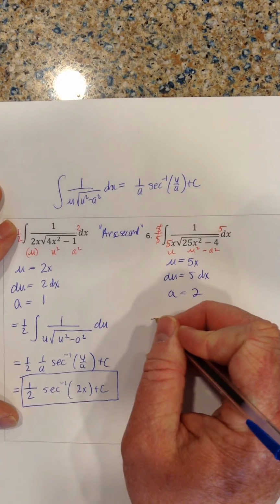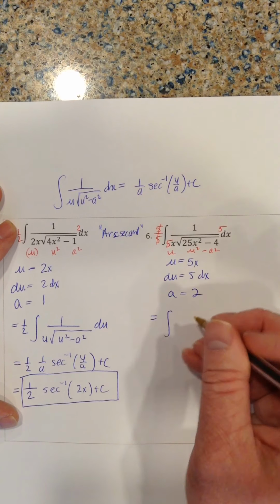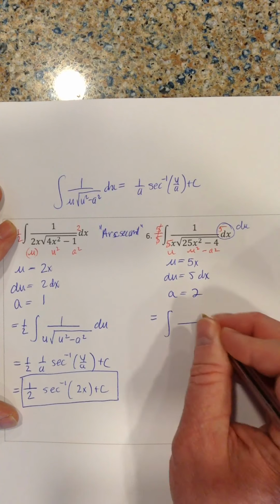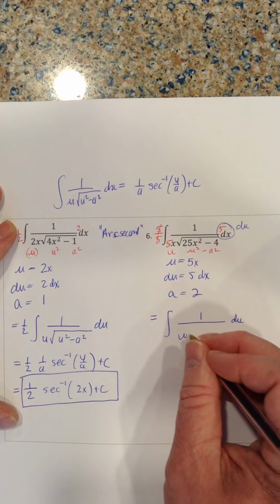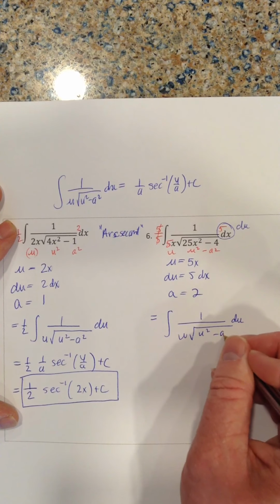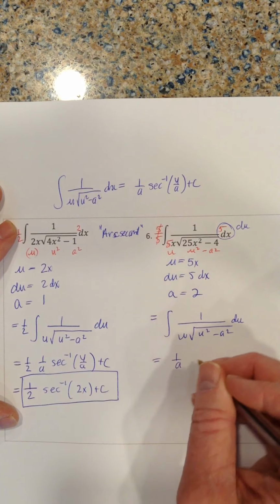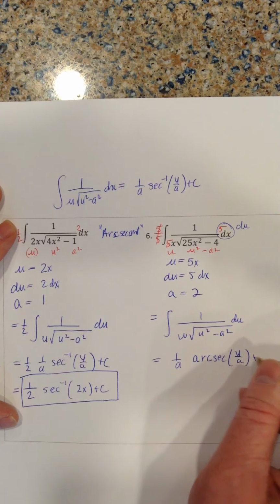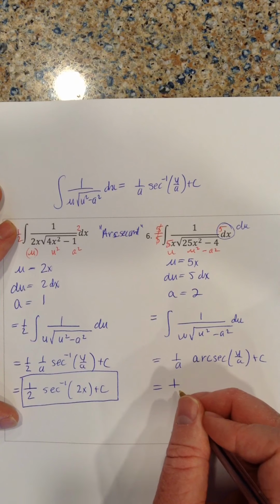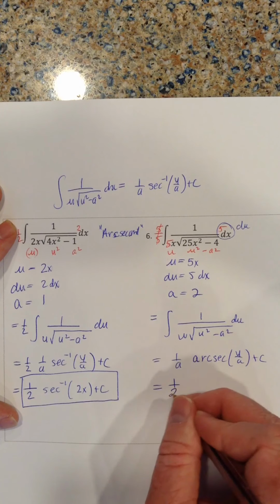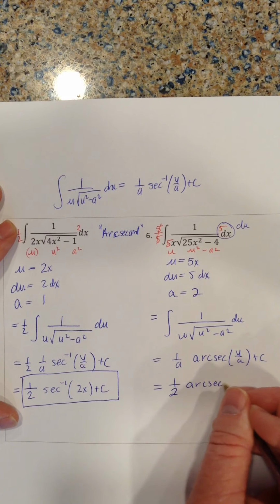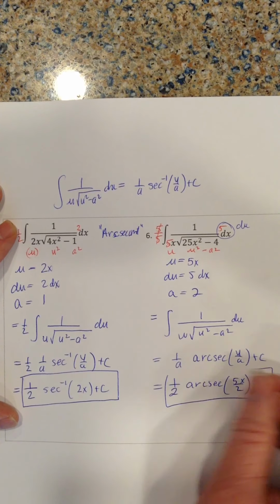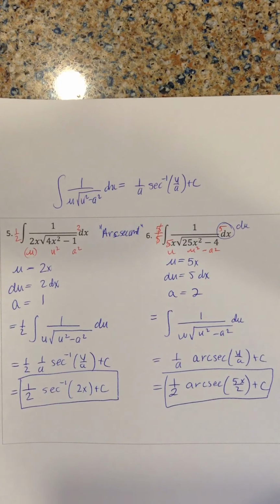So I get 1, that's du, and that's u square root of u squared minus a squared. So I get 1 over a arc secant of u over a plus c. I get 1 over 2 arc secant of 5x over 2 plus c. So these aren't too bad as long as you can recognize patterns and see rules.